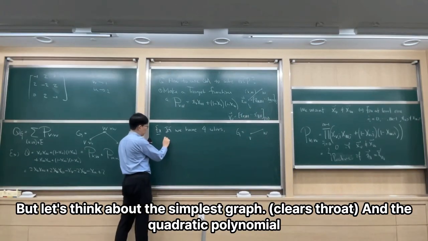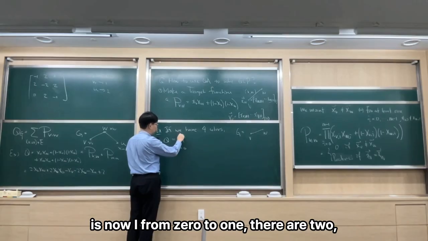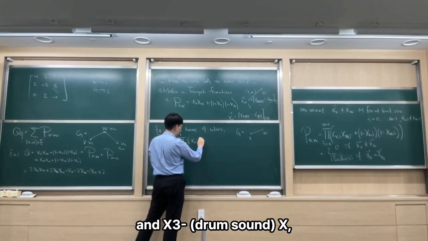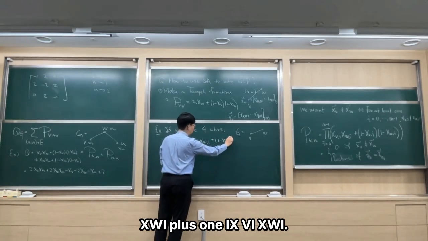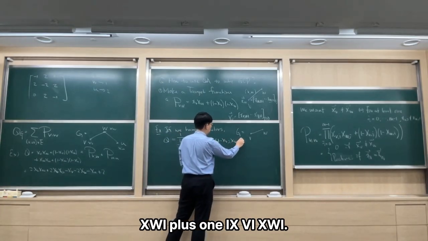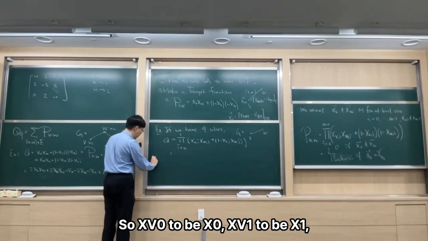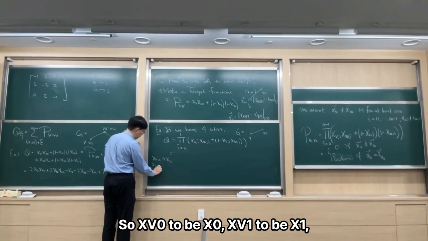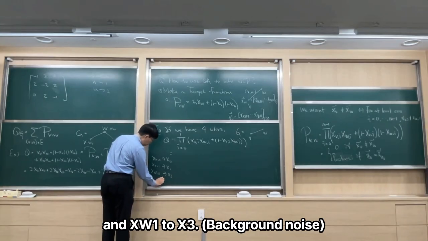And the quadratic polynomial is now the sum over i from 0 to 1 of x_vi x_wi plus (1 minus x_vi)(1 minus x_wi). Let's make it simpler. So x_v0 is x0, x_v1 is x1, x_w0 is x2, x_w1 is x3.